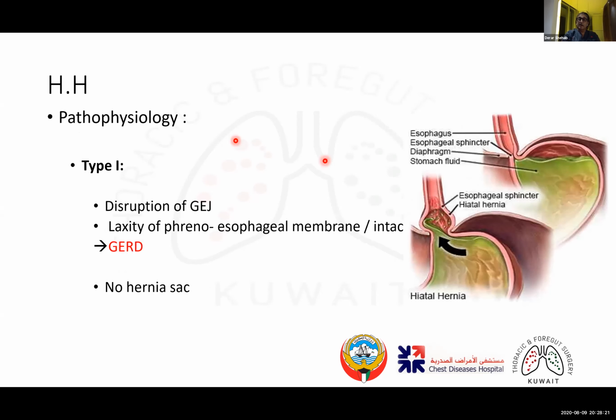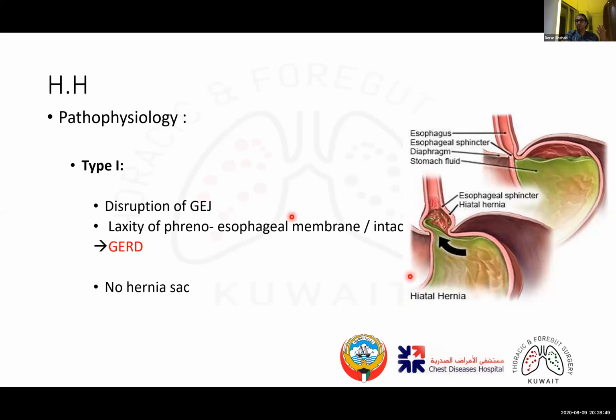Type 1, sliding hernia: the pathophysiology behind it is a laxity of the phrenoesophageal membrane. It's not defective, it's just lax. So when the GE junction is above the diaphragm, that means that most of the natural defensive mechanisms against GERD are gone.